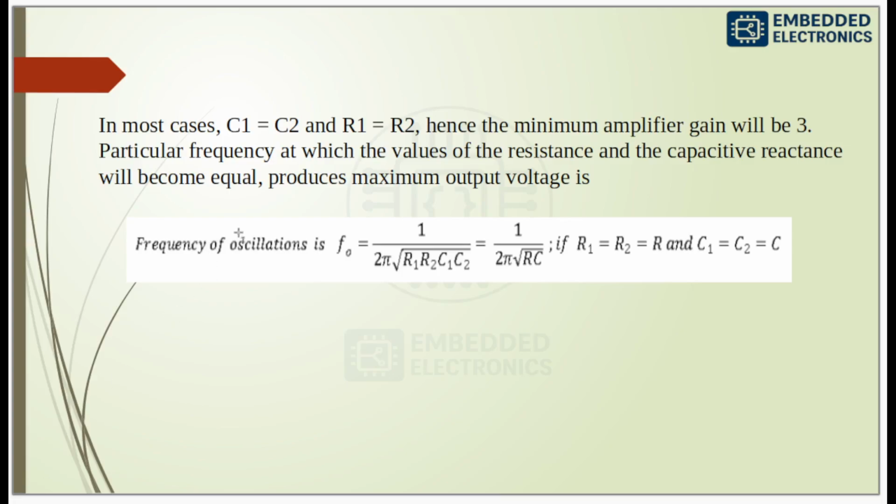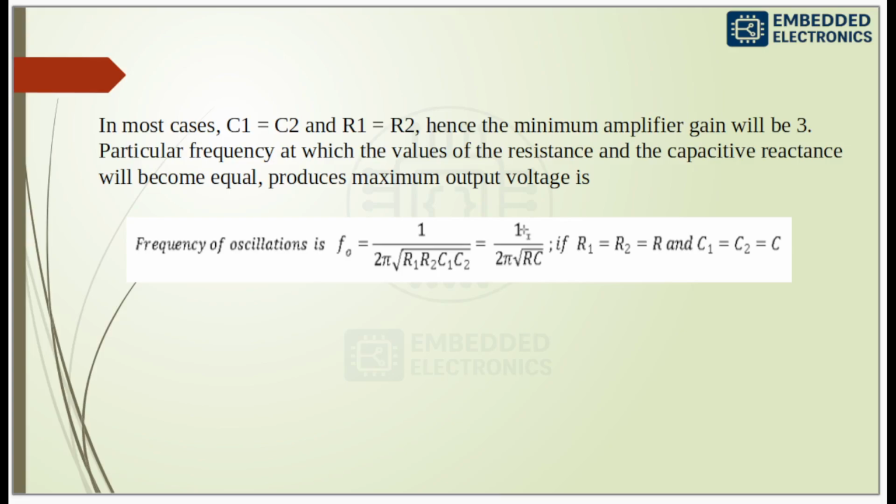And to find the frequency we have the equation f naught equals 1 by 2 pi square root of R1 R2 C1 C2. So we can write it like this when R1 equals R2, that is equal to R, and when C1 equals C2, that is equal to C. It happens in most cases.